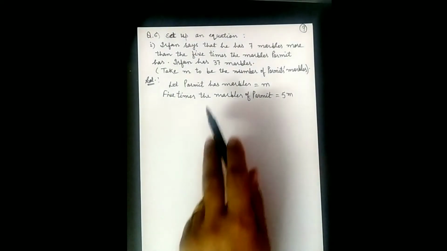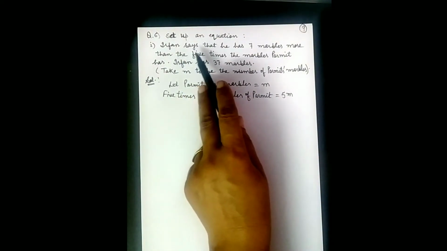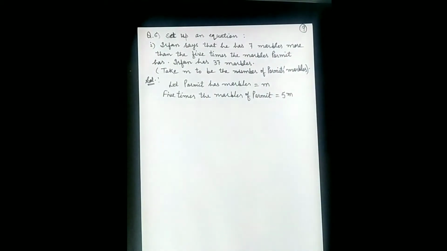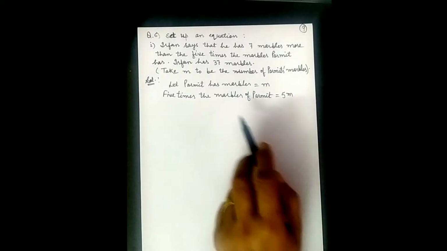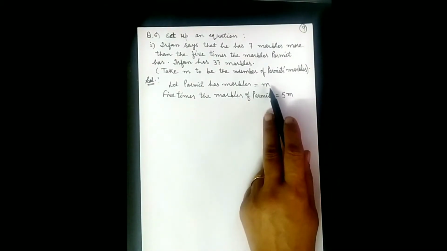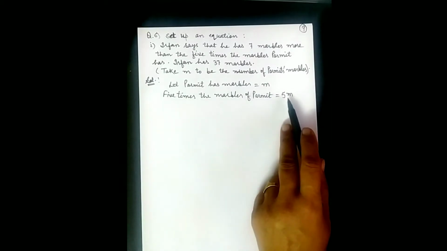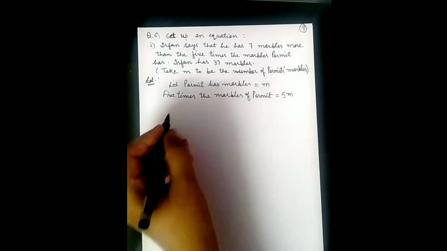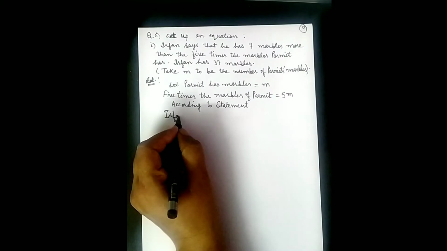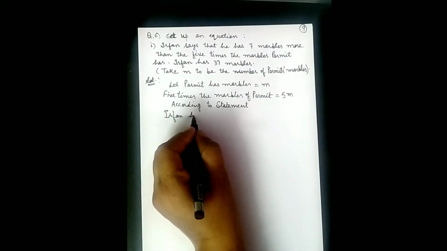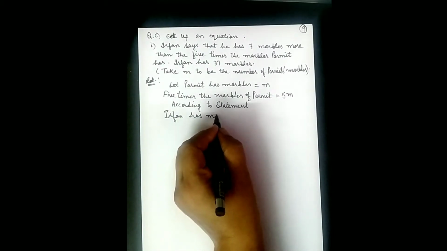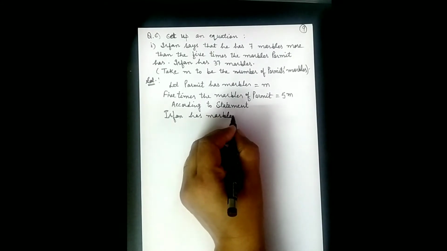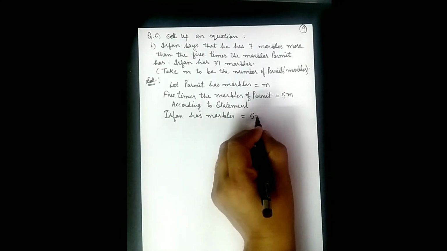Now what the statement says? Irfan says that he has 7 marbles more than 5 times the marbles Parmeet has. Now Parmeet has marbles M and 5 times the marbles 5M. So according to statement, Irfan has marbles is equal to 5M plus 7.